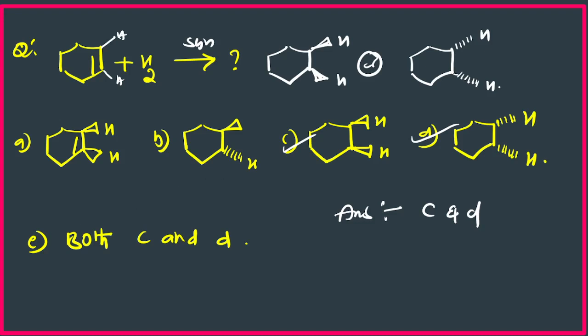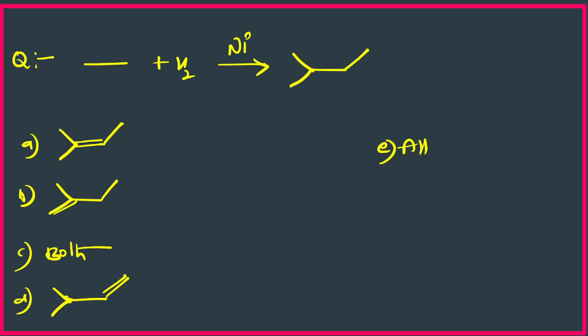Let's look at the next question. Hydrogenation with nickel and heating gives 2-methylbutane.